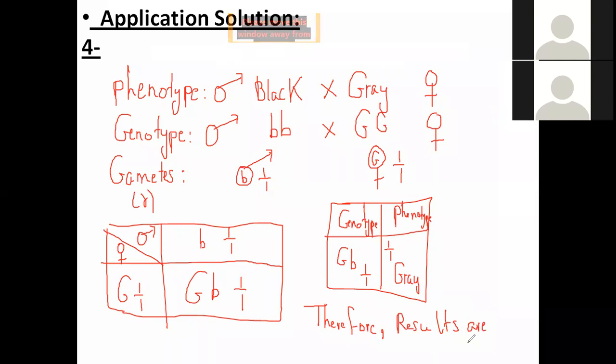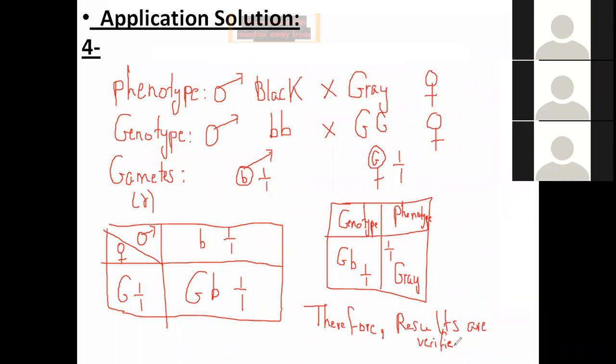Thank you. Moving to Fadl. Good morning. Yes, good morning. If I ask you, Fadl, what is the genotype of the F1 generation? Here across the black and the gray, they gave you the F1 generation. What is the genotype of the F1?